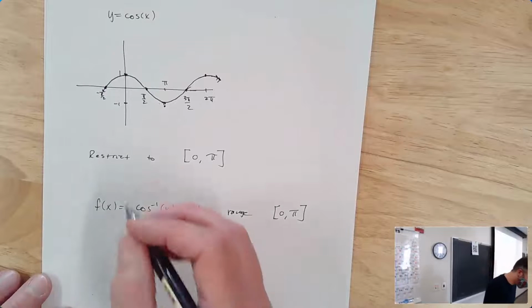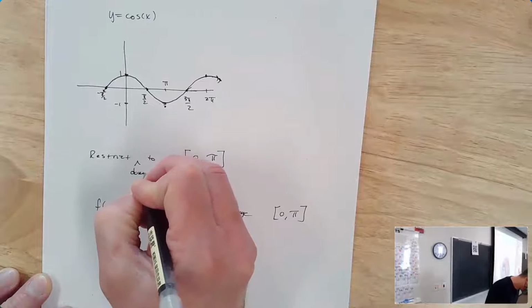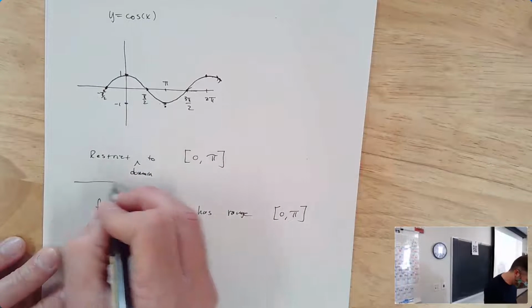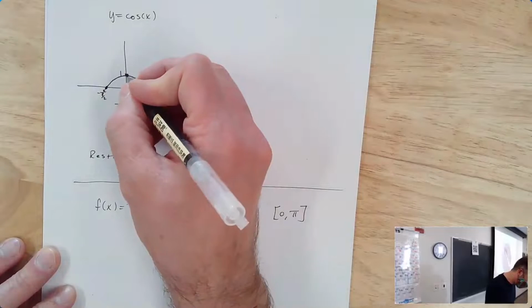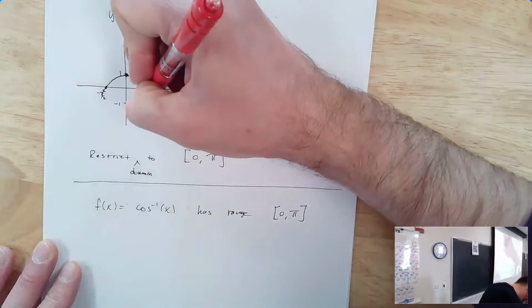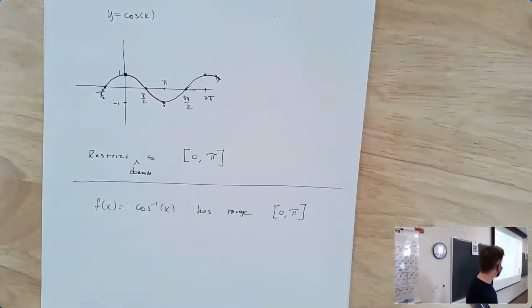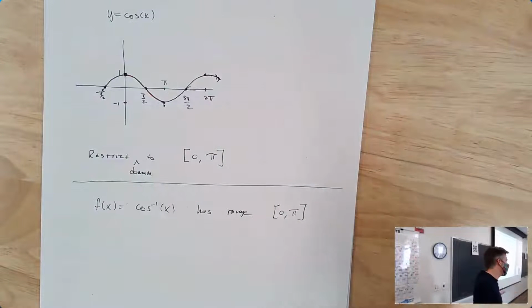We're going to restrict the domain of cosine, but then when we graph the inverse function, we're taking this piece in red from 0 to pi, and we're going to interchange the x and y values. That's how we graph the inverse. So that's an easy way of graphing the inverse.